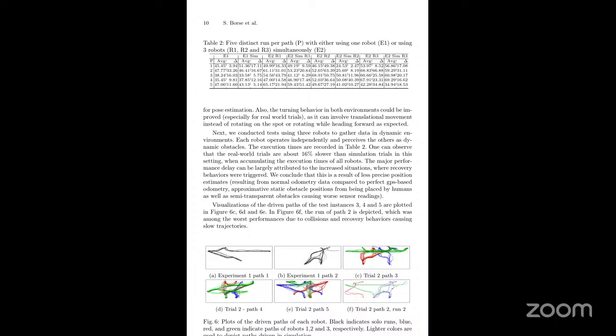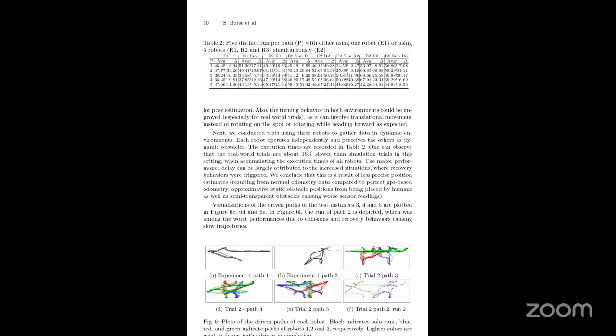So this table is showing the different experiments: E1, E1 sim, E2 R1, E2 sim R1, E2 R2, E2 sim R2, E2 R3, E2 sim R3. So E1 means using only one Robotino and comparing Gazebo simulation and a real Robotino. Experiment 2, E2, means they have used three robots, R1, R2 and R3.